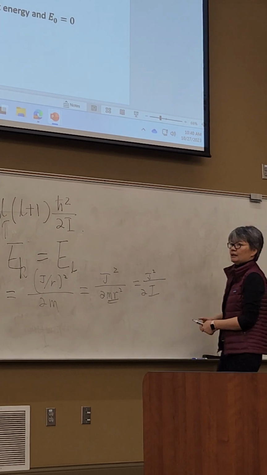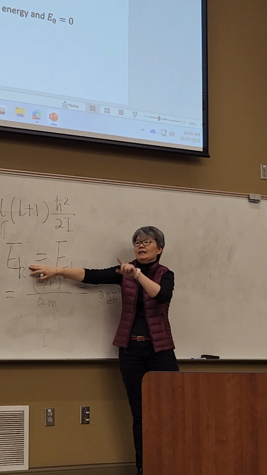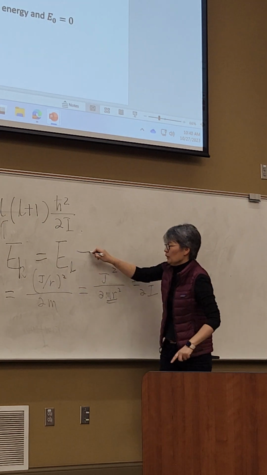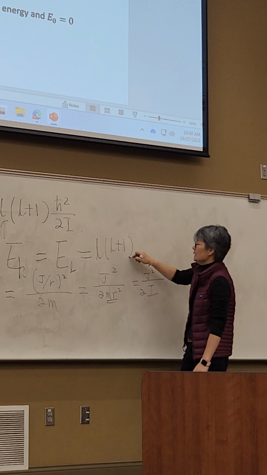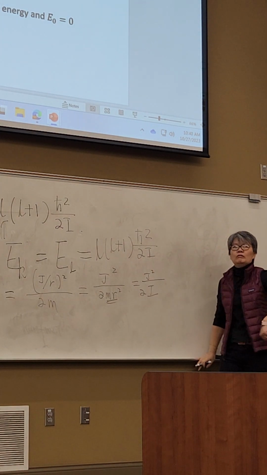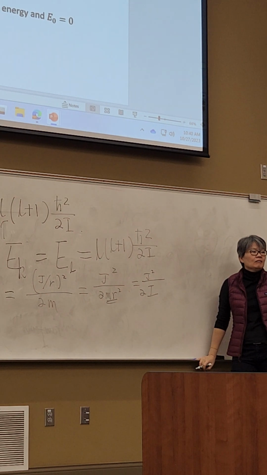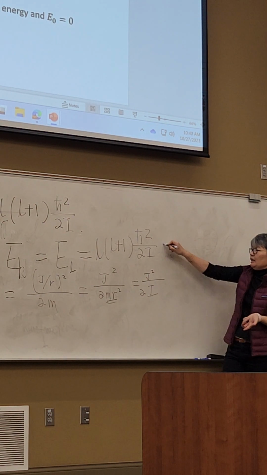So now look, the kinetic energy from the quantum mechanics perspective equals the quantum number at that particular state, times the constant h bar squared over 2I. There's nothing fancy, is there?